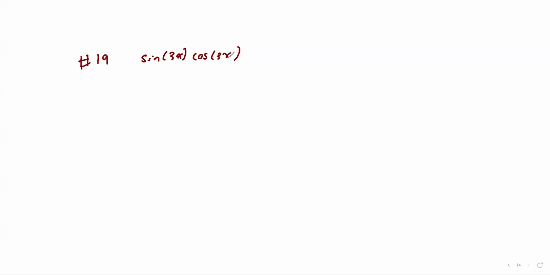So we're just rewriting. So using our product to sum, this would be your x and your y. So if I have a sine and cosine, I'm just going to rewrite it as 1/2 of sine. Again, this is your x and this is your y.